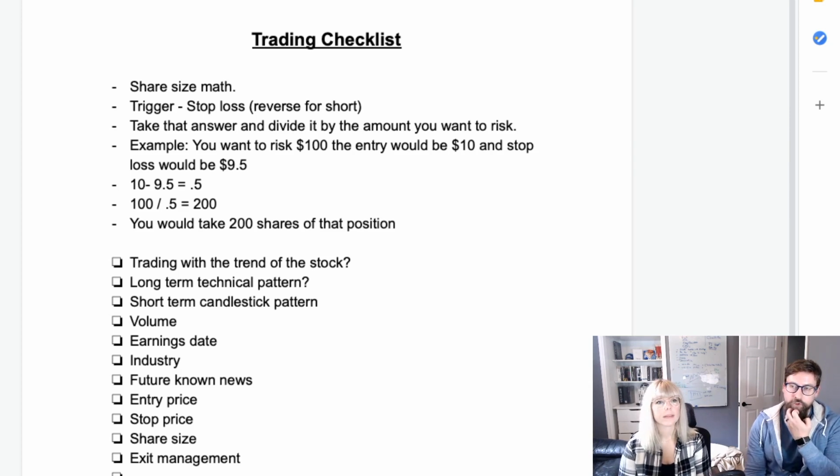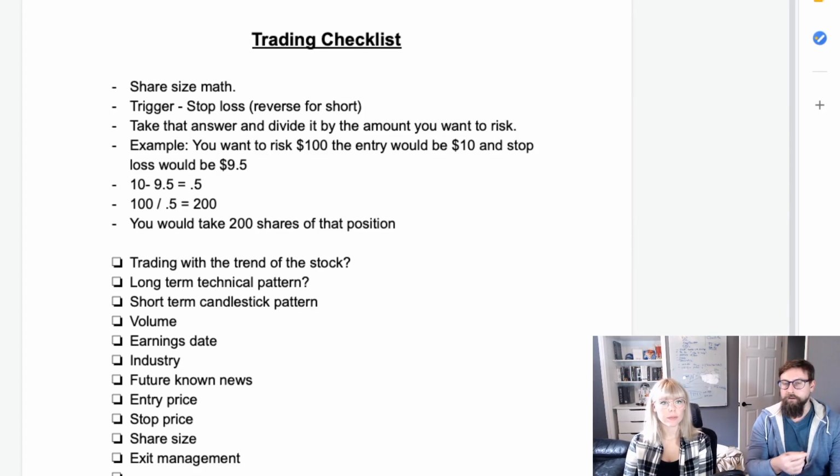Now we're going to talk about your trading checklist. This is actually going to go on your computer right alongside Trade Ideas. As you're scanning, you have this as a guide to say, what am I interested in? What's going on? I added the share size math at the top there. This is important, especially for new traders.